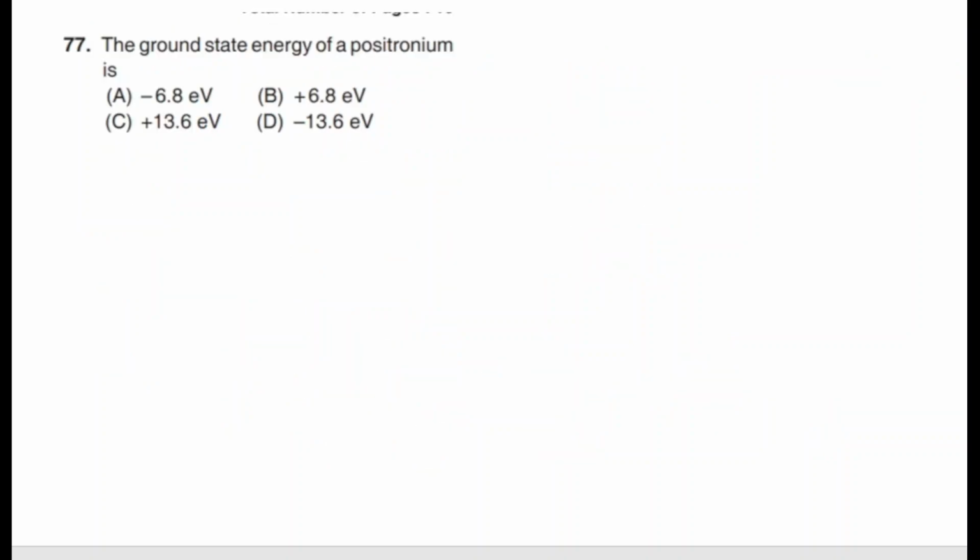What we have in this question: the ground state energy of the positronium is. Now, positronium consists of an electron and a positron. Here, the electron is negative in charge and the positron is positive in charge. They are asking the ground state energy.